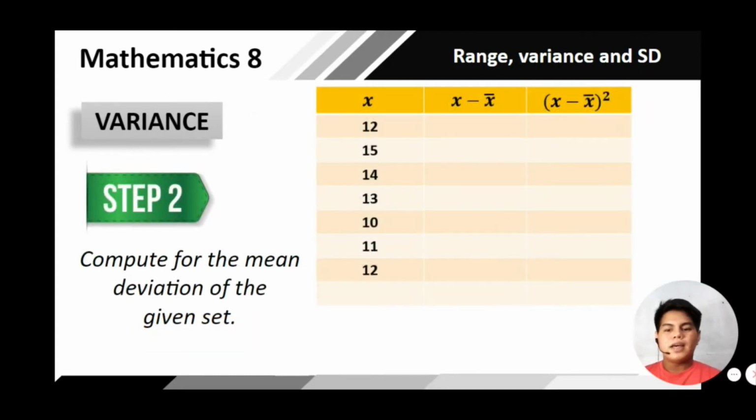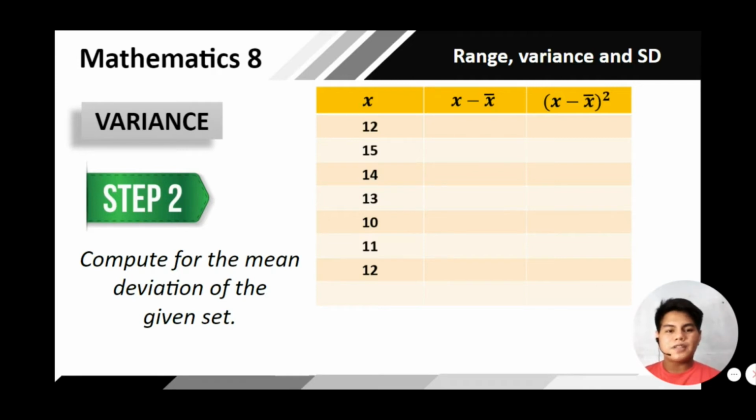The second step is to compute for the mean deviation of the given set. For us to be systematic, let's construct a 3-column table. On the first column, we have the raw data, on the second column, we have the difference of the data and the mean, and on the last column is the squared value of the second column.